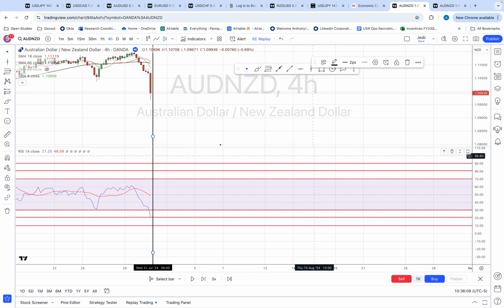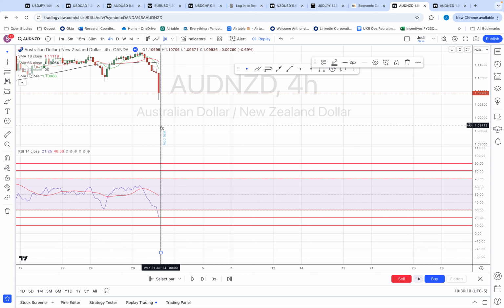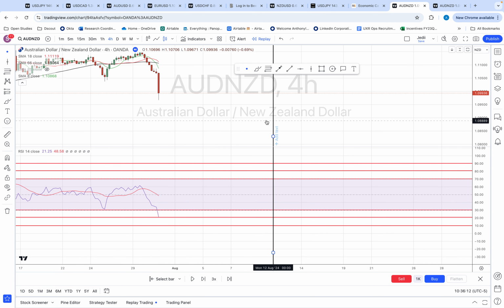Because if you were just using the RSI here, you would be seeing the market here. You would look down and see that, oh, it's bouncing off of the 20, it's even below the 30, so it's going to have to retrace and reverse at some point. And then you say, okay, I'm going to enter a buy right now.